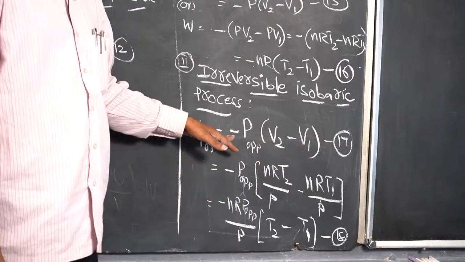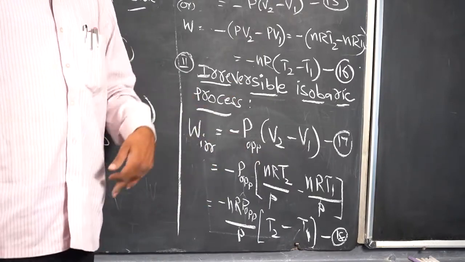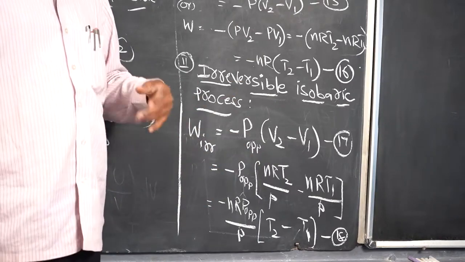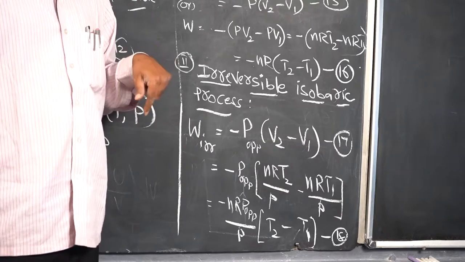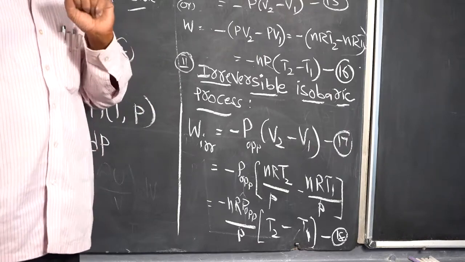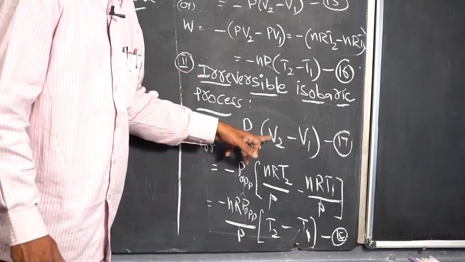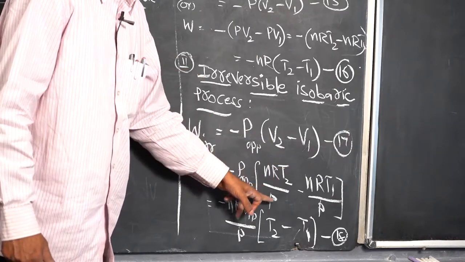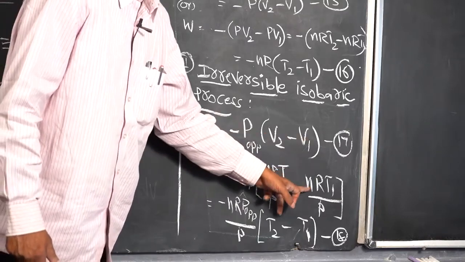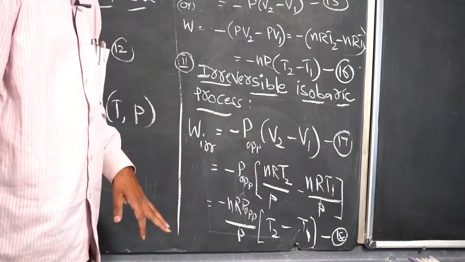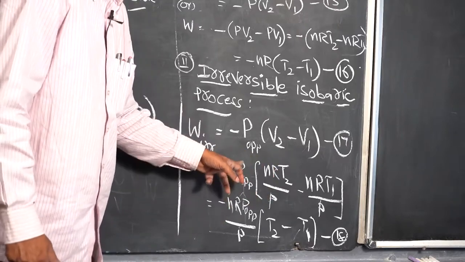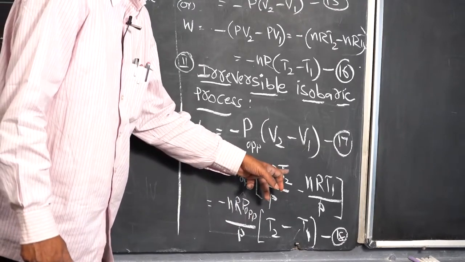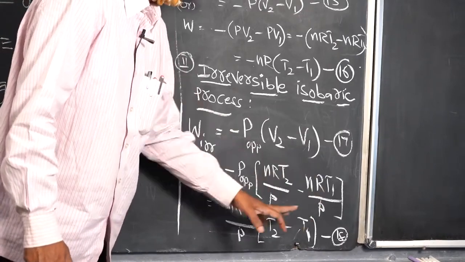This is the formula which you can use for any irreversible process to calculate the work done. But here, this is an irreversible isobaric process taking place in n moles of ideal gas. Therefore, using the gas equation, V2 can be written as nRT2 by P, and V1 can be written as nRT1 by P. So nR by P you can take outside, nR P opposing by P into T2 minus T1.